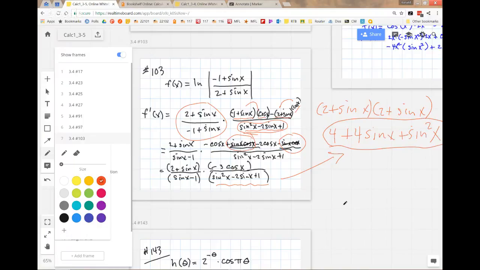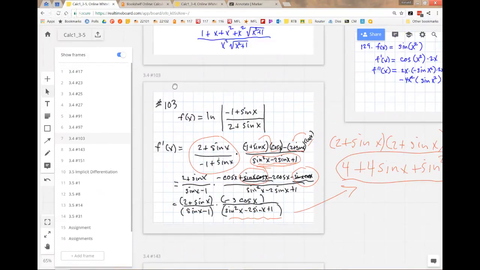Got some text messages here. The numbers 13 and 15. Didn't we do one of those?